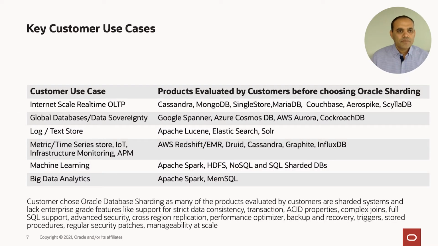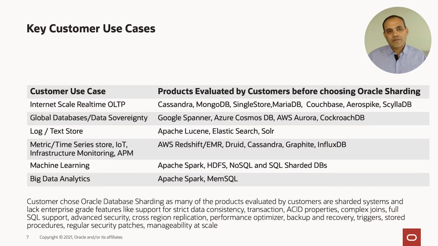Here are some of the use cases for customers who are using Oracle Database Sharding. We also talked to them and asked them what other products they considered and why they chose Oracle Database Sharding.